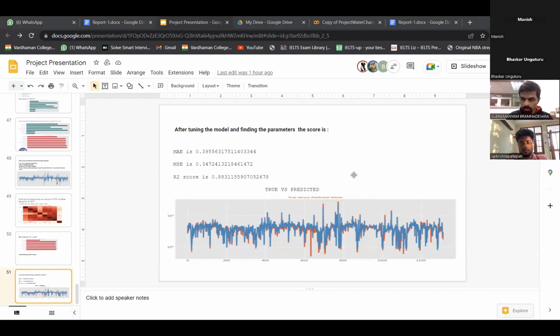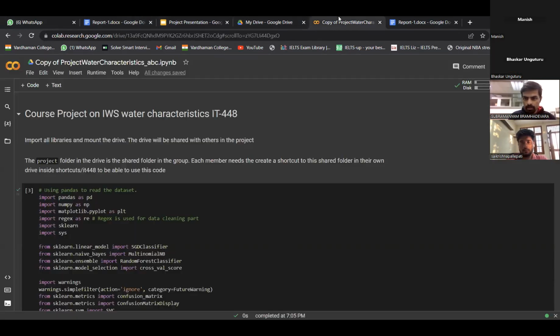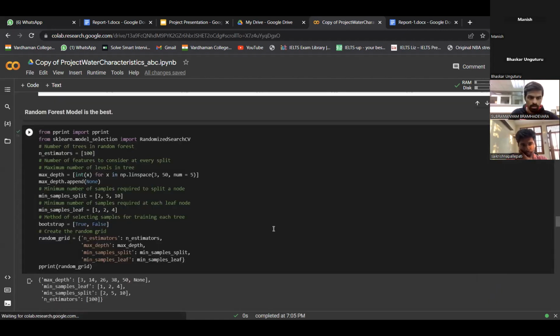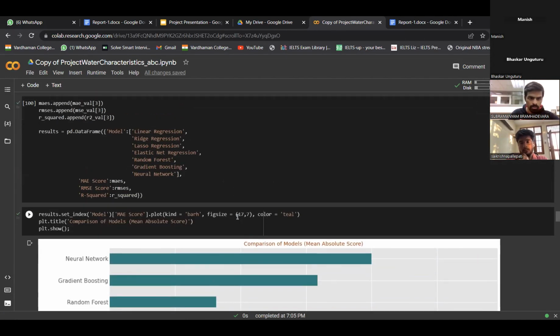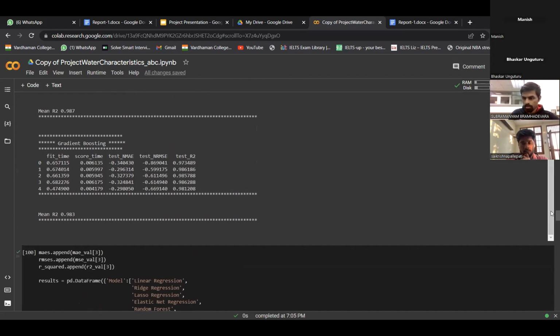Okay, I'm going to share my screen. Our project automatically generates the reports, graphs and visualizations. We just go to runtime, click restart and run all.